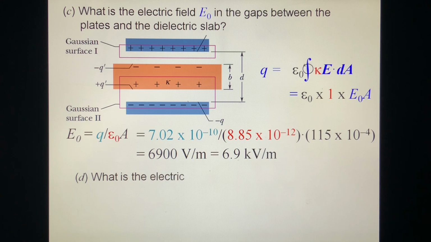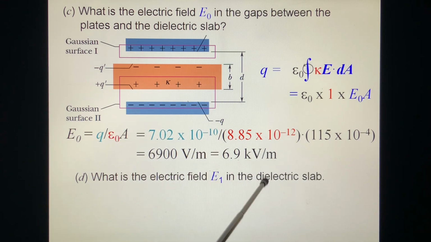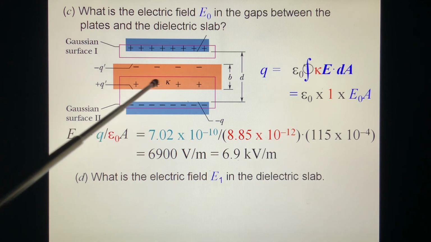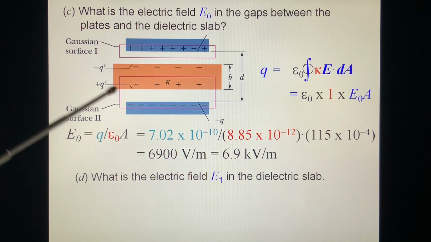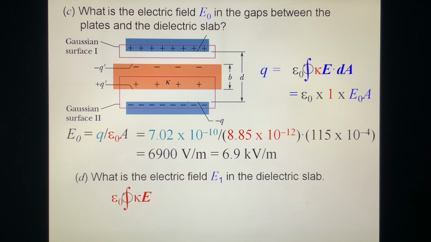Question D. What is the electric field E1 in the dielectric slab? We have to make a Gaussian surface passing through the slab, and we use the formula with kappa inside. E1 is the one we want to find.